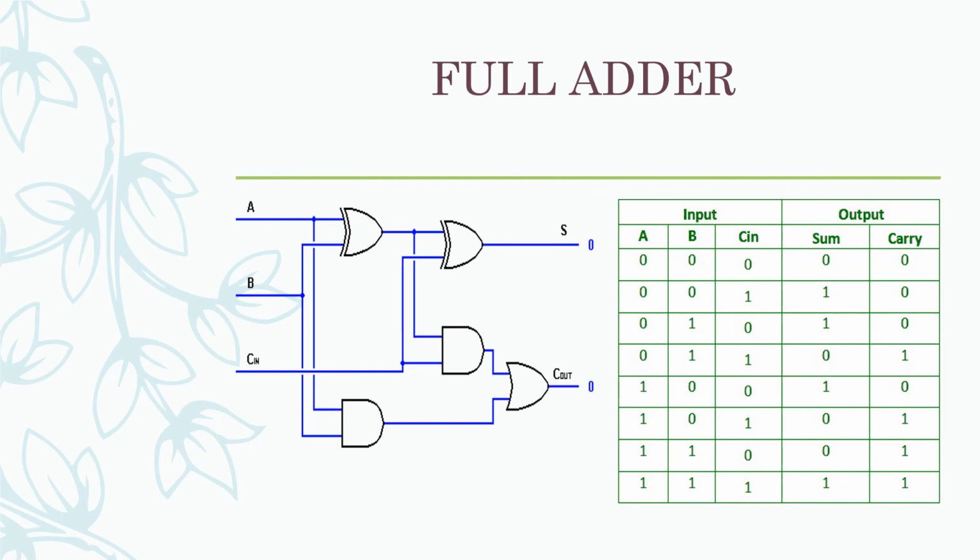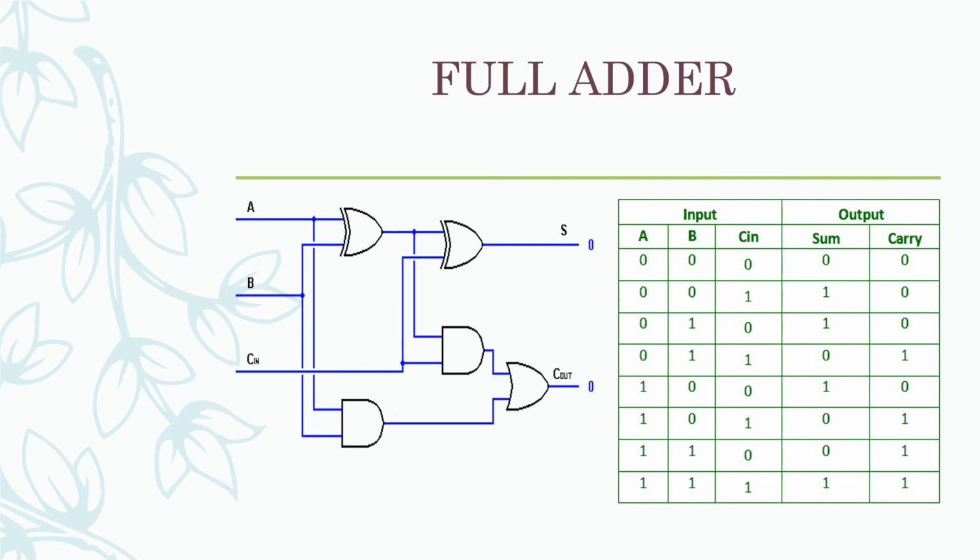The sum produced by the half adder gives the final output S. If any of the half adder logic produces a carry, there will be an output carry. So that output carry, that is C out, will be an OR function of the half adder carries.